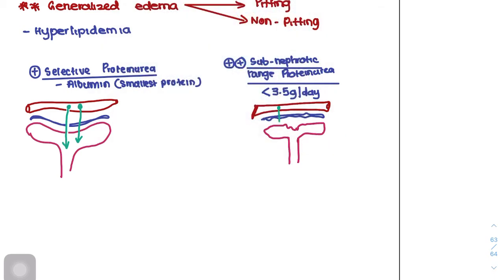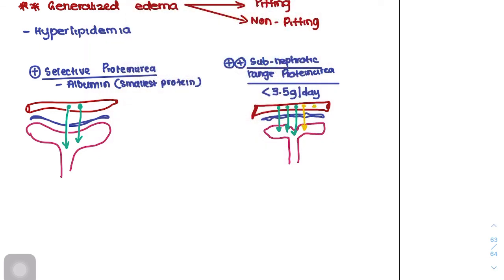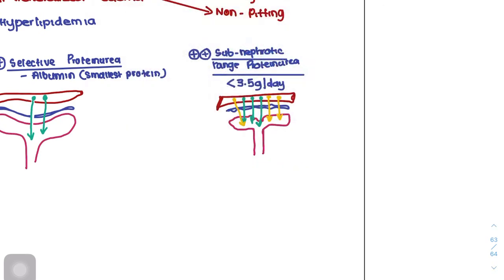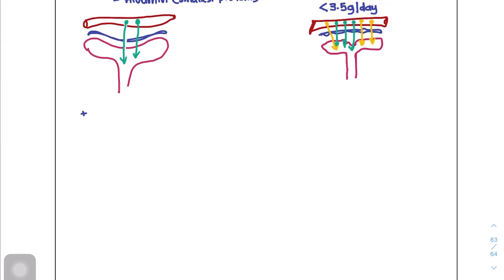So in this situation, we have albumin going in, we have other proteins such as globulins going through, etc. So this is sub-nephrotic range proteinuria, and if there is more damage, it is called nephrotic range proteinuria.